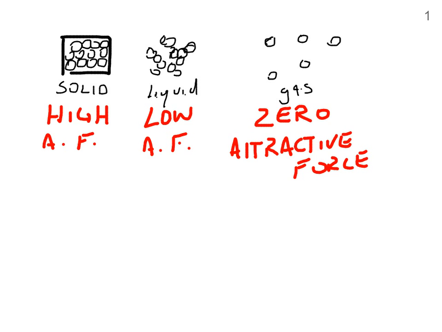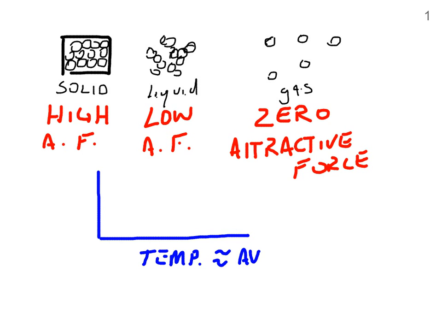The key to understanding evaporation is, I want to start off with a graph. On this graph, I'm going to label temperature down here, and we're talking about temperature that is proportional to average kinetic energy. Kinetic energy is the energy of motion. And I'm going to graph that against, over here, number of molecules.